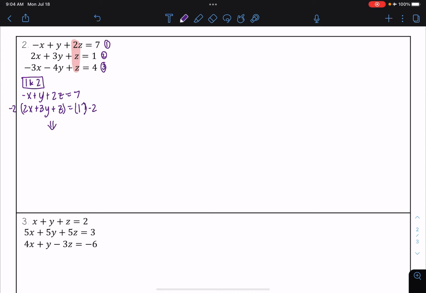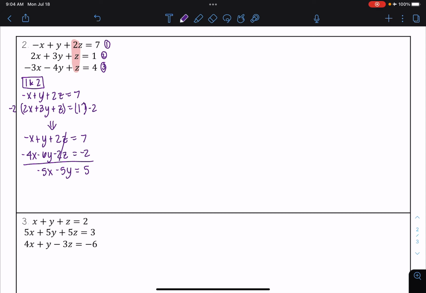And so when I do that, I have negative x plus y plus 2z is equal to 7, and negative 4x minus 6y minus 2z is equal to negative 2. Negative x minus 4x, I get negative 5x. Y minus 6y, I get negative 5y. My z's cancel like I wanted to, and I get 5 at the end here.